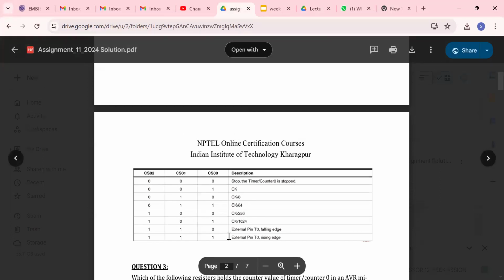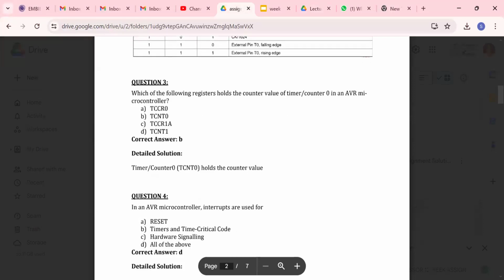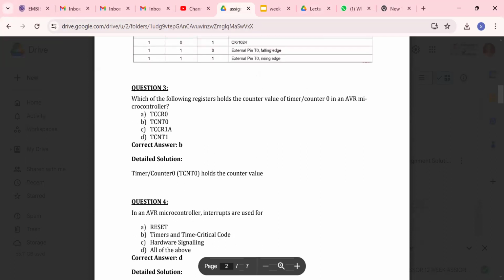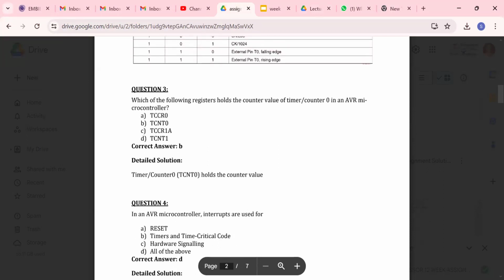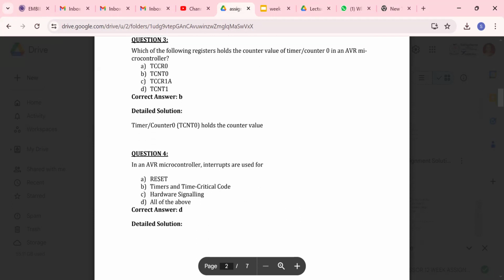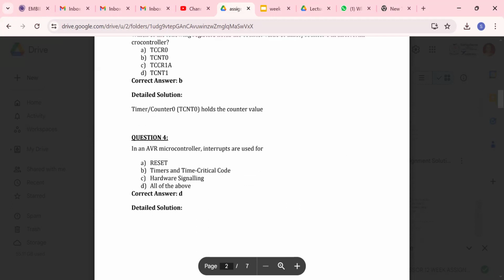Depending on this value, remember this tabular column. For the AVR microcontroller, whatever is given, you prepare it. In an AVR microcontroller, interrupts are used for all the three purposes.